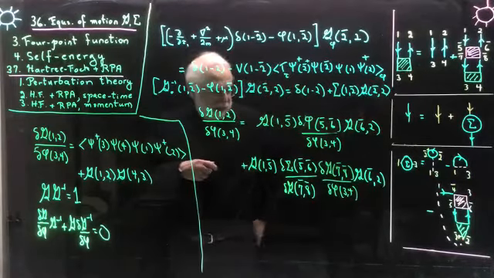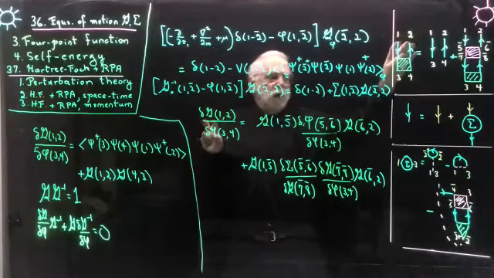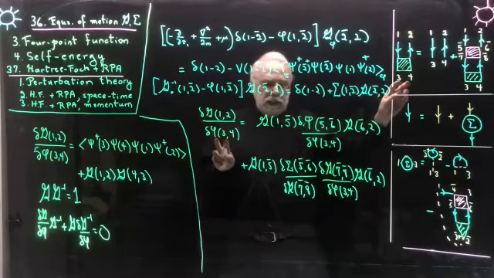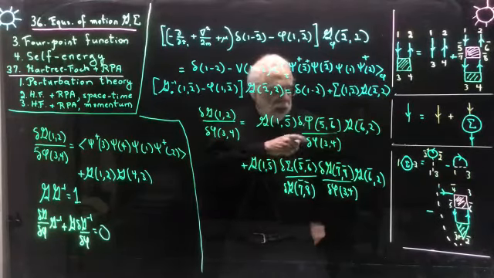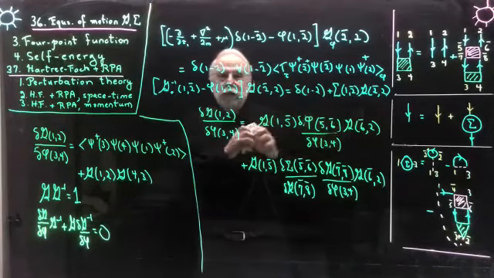You see, I have delta G 1, 2, 3, 4. I write like this. Now, what will happen here? This will put 5 bar equals 3 and 6 bar equals 4.